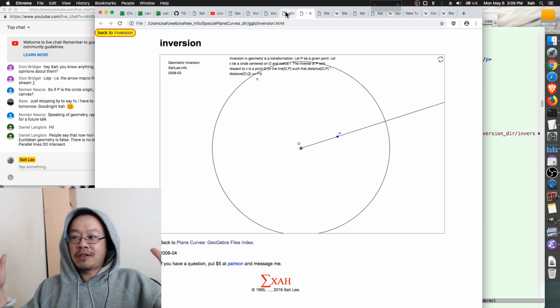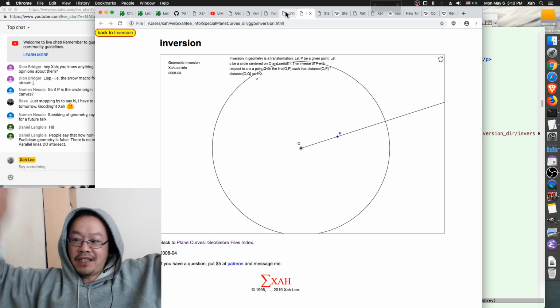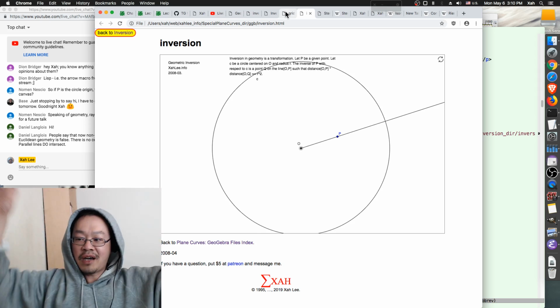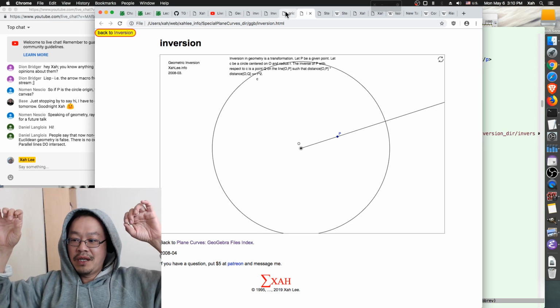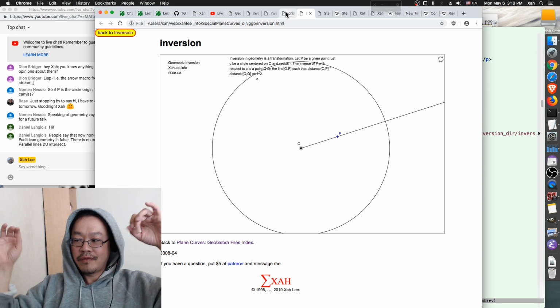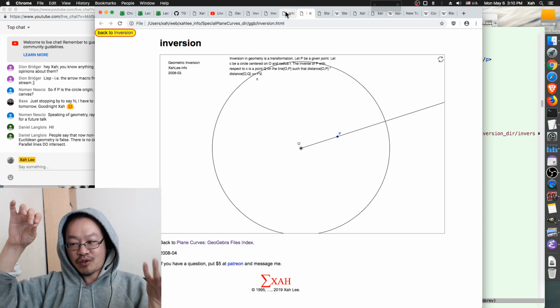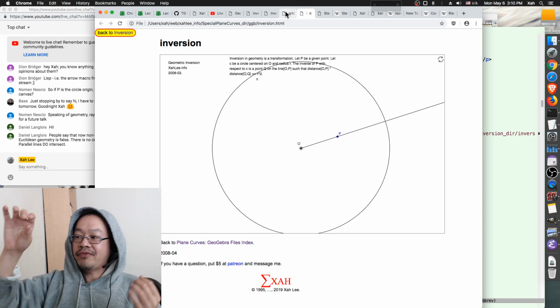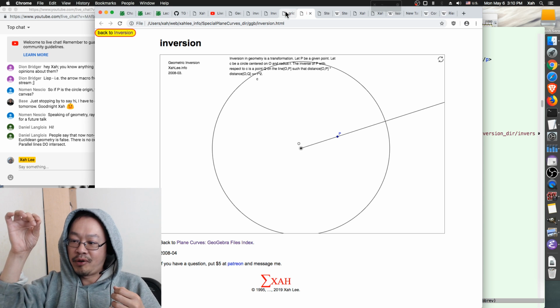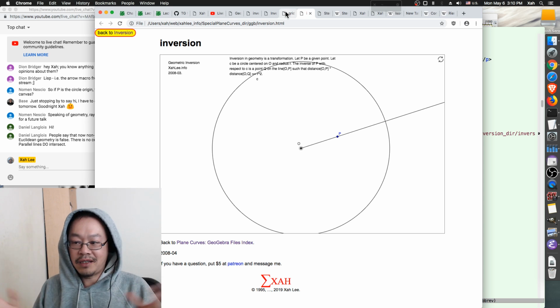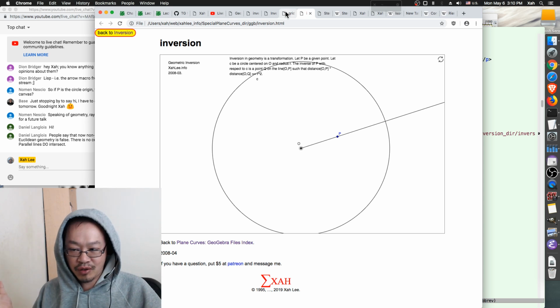Imagine we have a bunch of points in 3D space. Now we want to do a transformation. Given a point, after the transformation, we will have a new position for that point. That's what transformation means. In this case, we are doing transformation in 3D space.